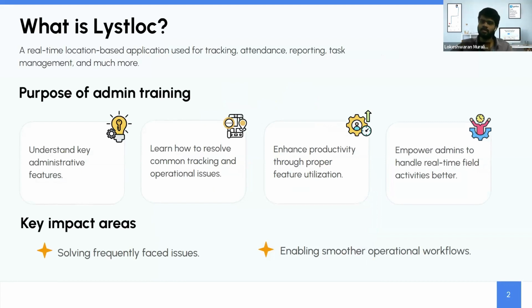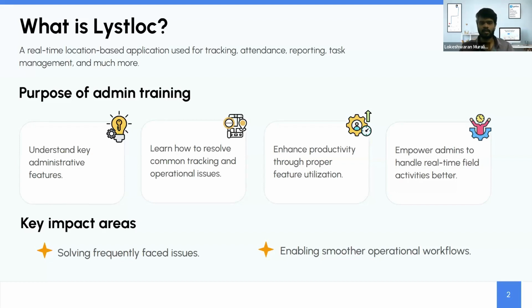The purpose of this training today is to help admins gain a good understanding of Lystloc's core features such as tracking, attendance, and reporting. We will also focus on resolving frequently faced issues and improving workflow efficiency to ensure smoother and more effective field operations.